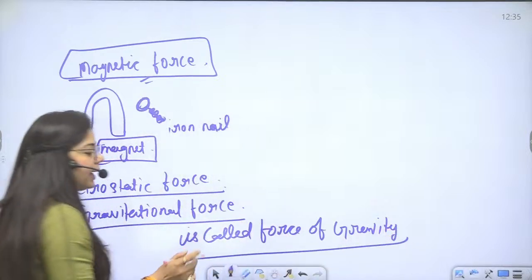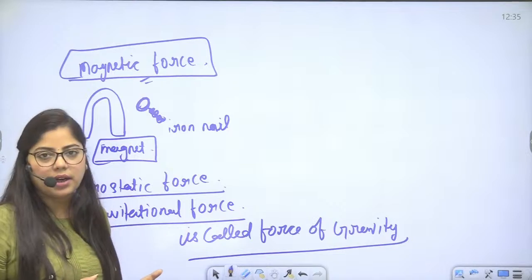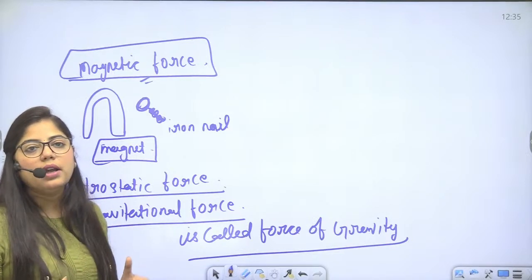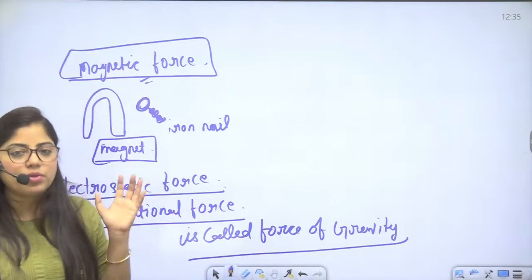Without contacting each other, they can attract each other. Gravitational force is a part of non-contact force. Clear?